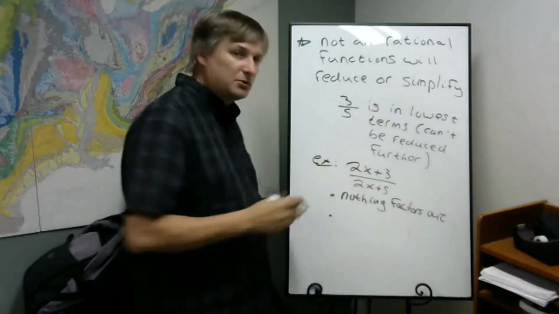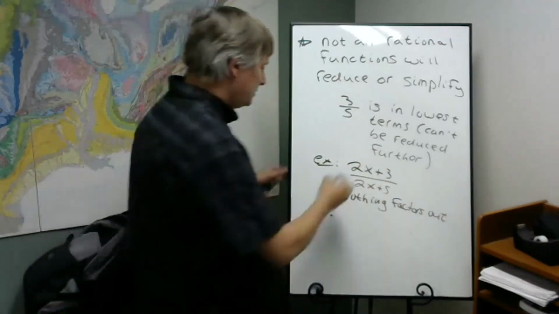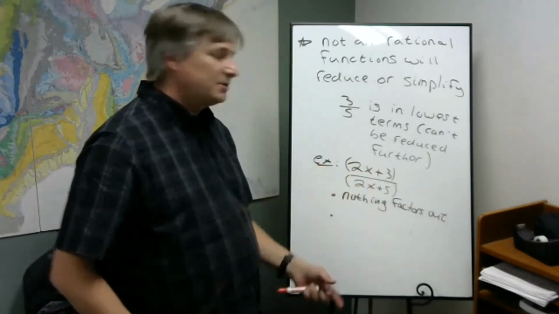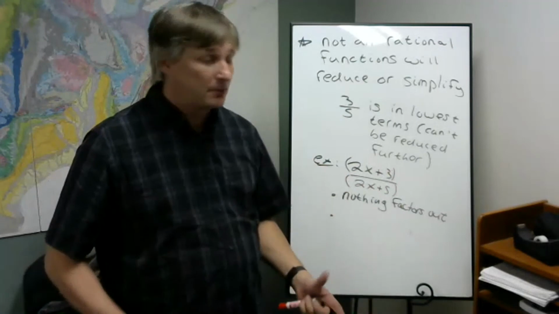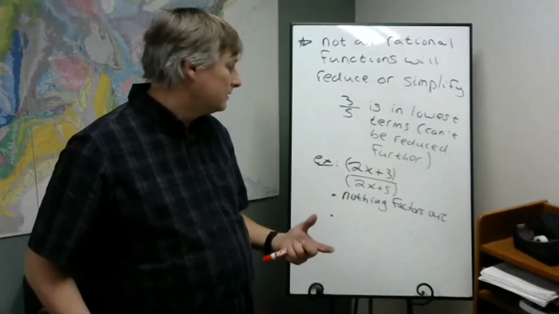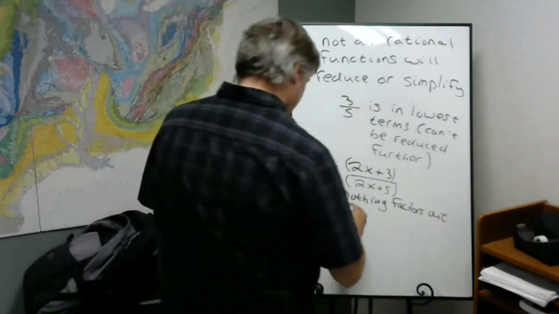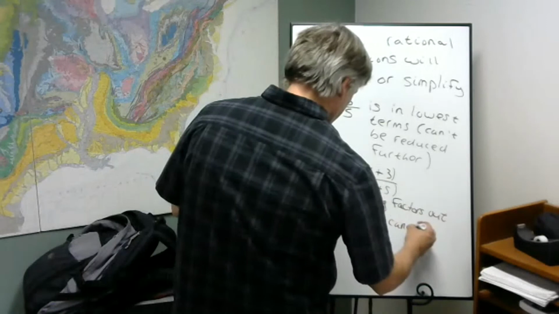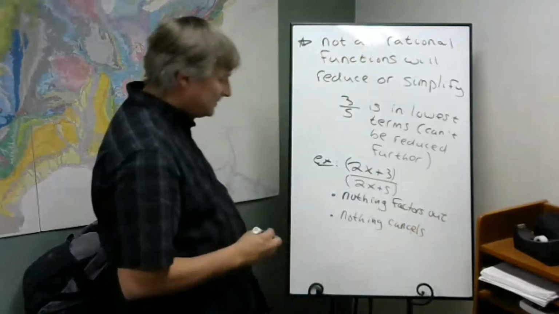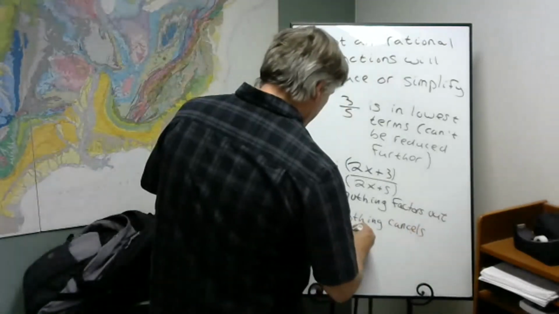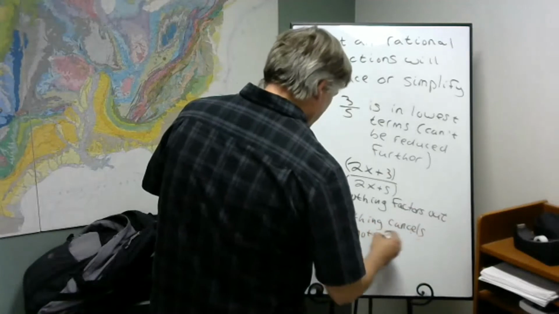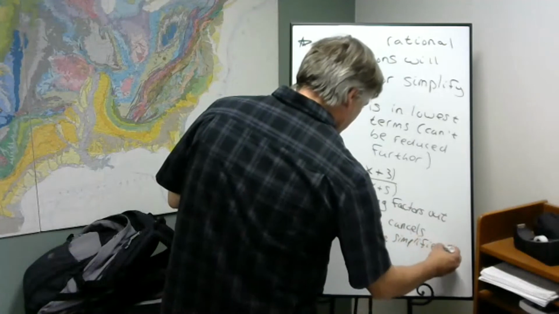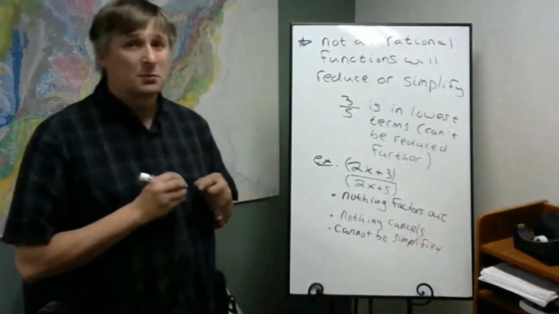So you can't cancel the 2x's like this. That's not going to work. You've got to try to cancel this piece with this piece, and they only cancel if they're the same. Because they're not the same, it's not going to cancel. So in this sense, what the book will say is it cannot be simplified. That's as far as we can go.